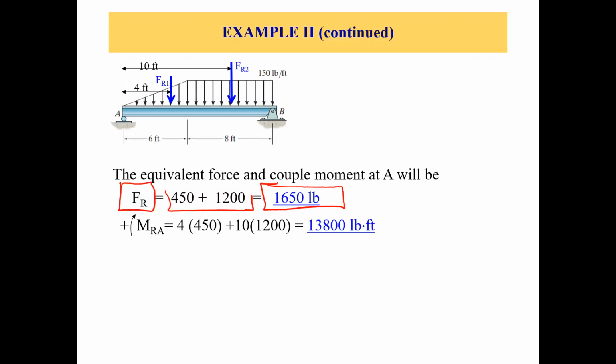So just do force times distance, and that is your moment, right? So 4 times 450 plus 10 times 1200. Now we are using a different sign convention, with clockwise positive, so that's why we are taking these clockwise moments as positive. But again, we need to be consistent with this. So what do we get? We get 13,800 pounds feet as the total moment, clockwise moment.